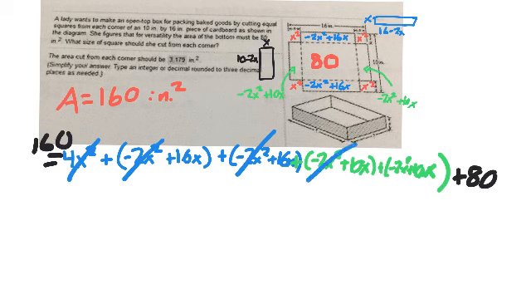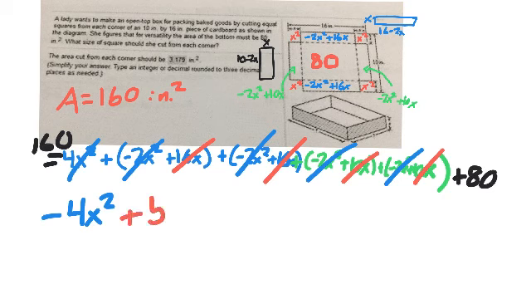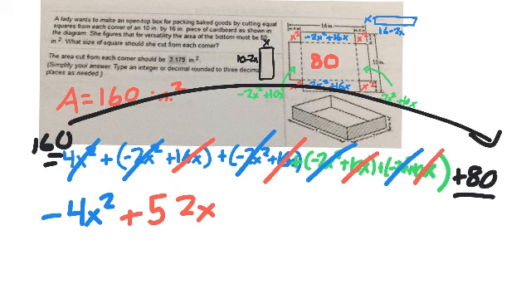And I'm left with minus 2x squared minus 2x squared, which is negative 4x squared. Then I've got a 16x plus a 16x, that's 32x, plus 10x is 42x, plus 10x is 52x. So negative 4x squared plus 52x. And now then I had an 80, I'm going to move the 160 over to the same side, make it negative. So 80 minus 160 is negative 80.